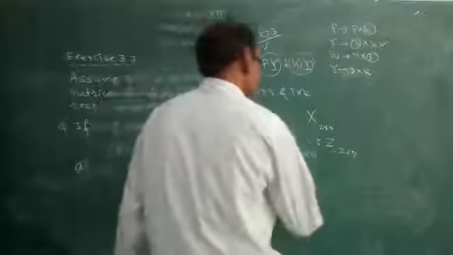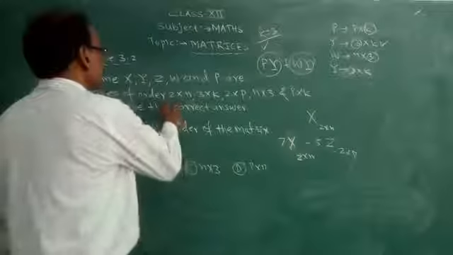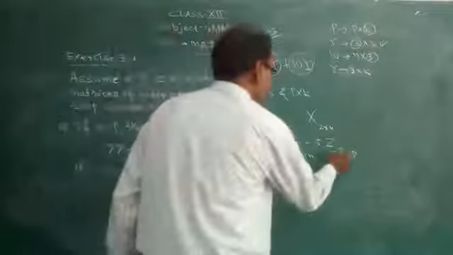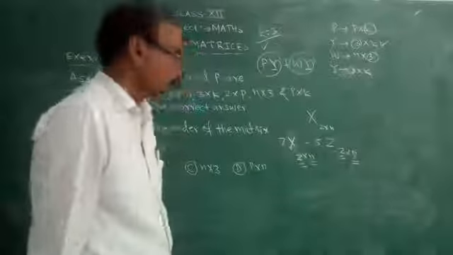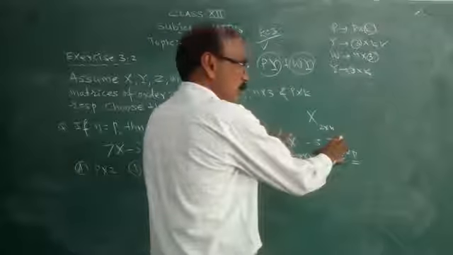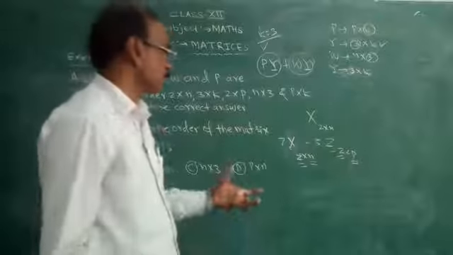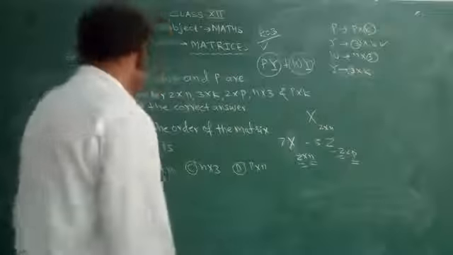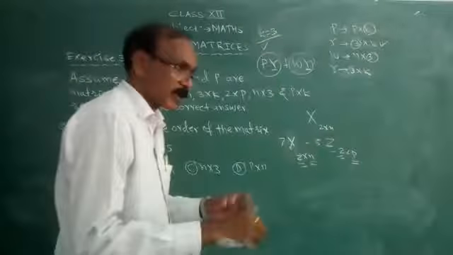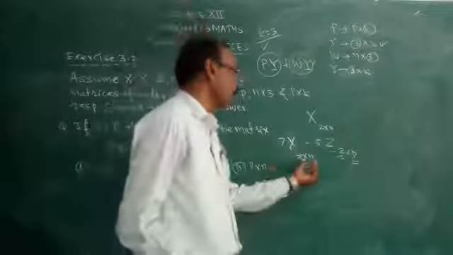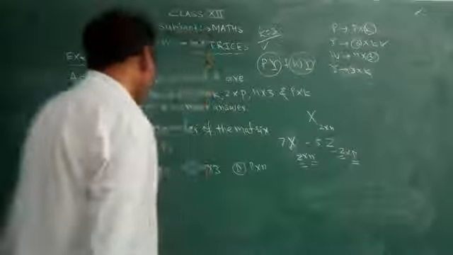So the 2 is fine, no problem, but this P should equal N, because only matrices of the same order can be subtracted. So here N should equal P.